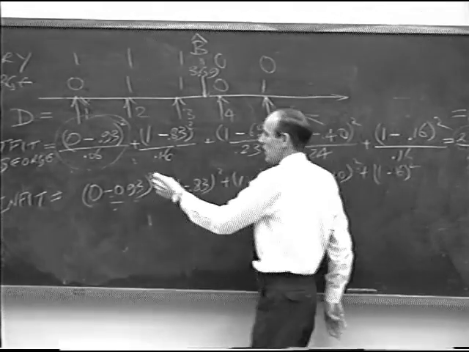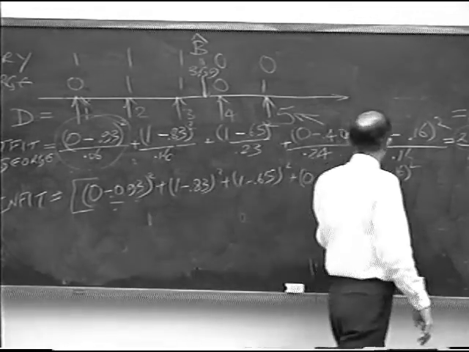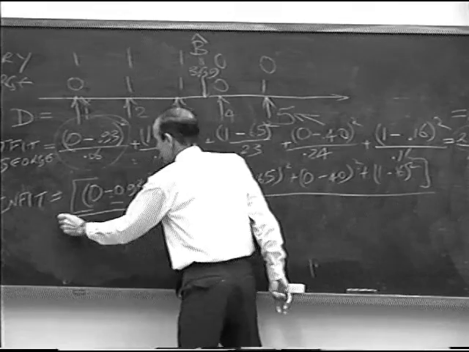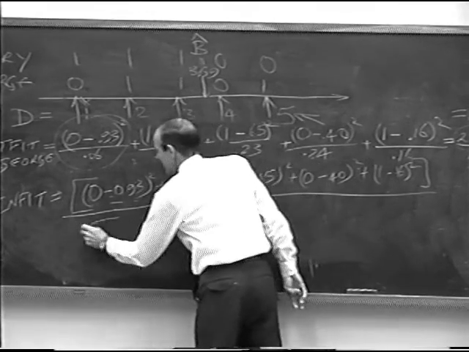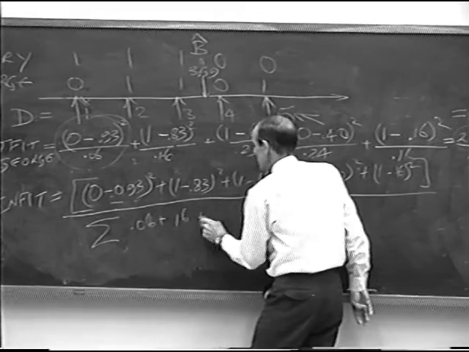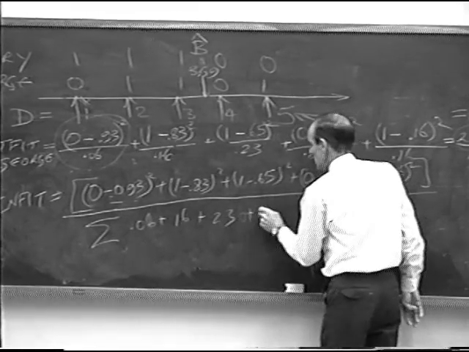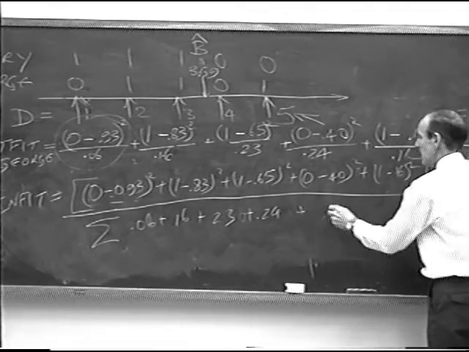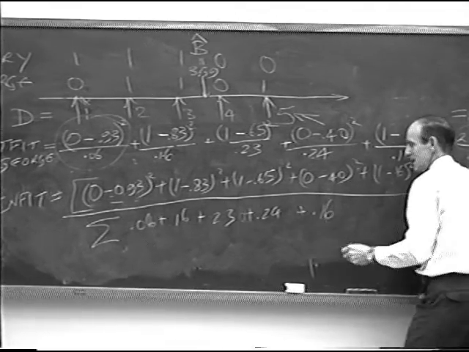So that's all the tops. Then we divide by the sum of all the bottoms, which is 0.06 plus 0.16 plus 0.23 plus 0.24 plus 0.16.